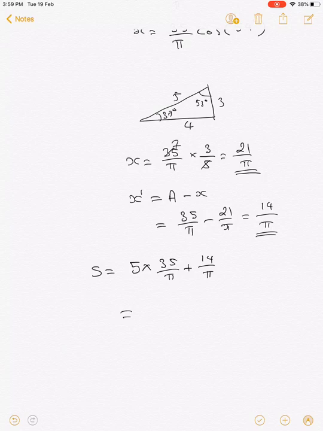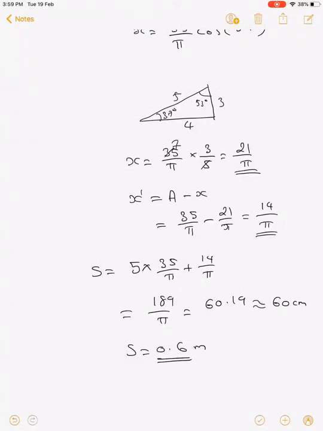That is 5 times 35, which is 175, plus 14, that is 189 divided by pi, which is 189 by 3.14, and you'll get 60.19, or you can take it as 60 centimeters. If we express the answer in meters, it is 0.6 meters. That will be the answer.